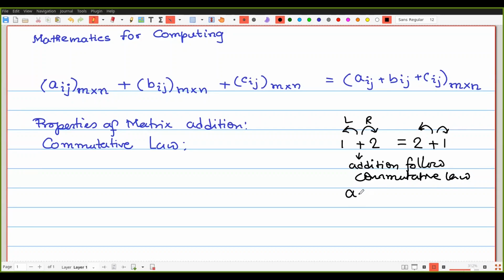That means A plus B is equal to B plus A, not really the numbers, but the operation, here the plus, is following the commutative law.